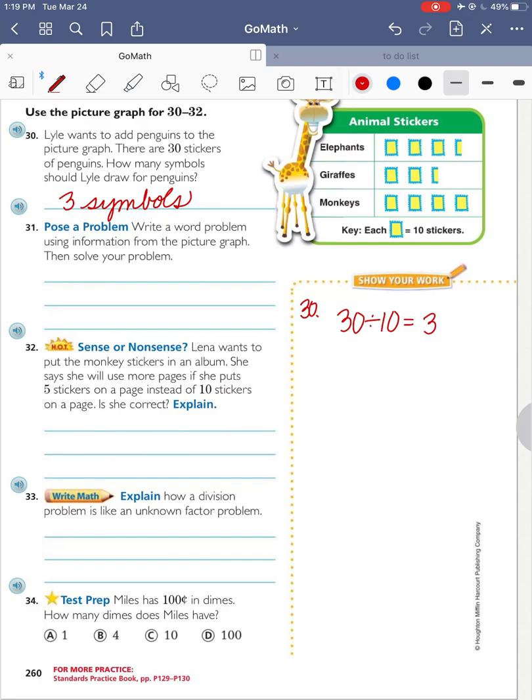Write a problem using the information from the picture graph, then solve your problem. 31. Allie has 40 monkey stickers.